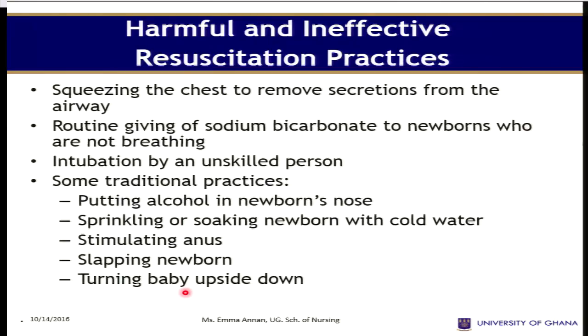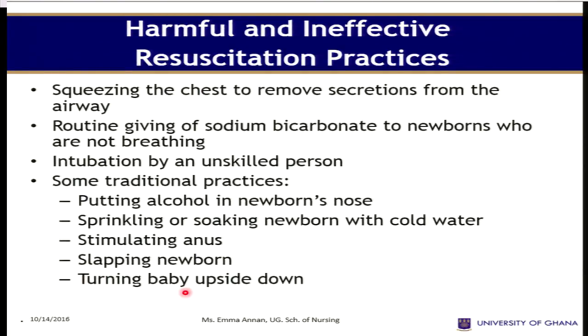Let's now look at harmful and ineffective resuscitation practices. Sometimes the midwives tend to squeeze the chest to remove secretions from the airway. It shouldn't be done. Then there is routine giving of sodium bicarbonate to newborns who are not breathing, and intubation by unskilled people. Intubation should be done by very skilled health professionals.